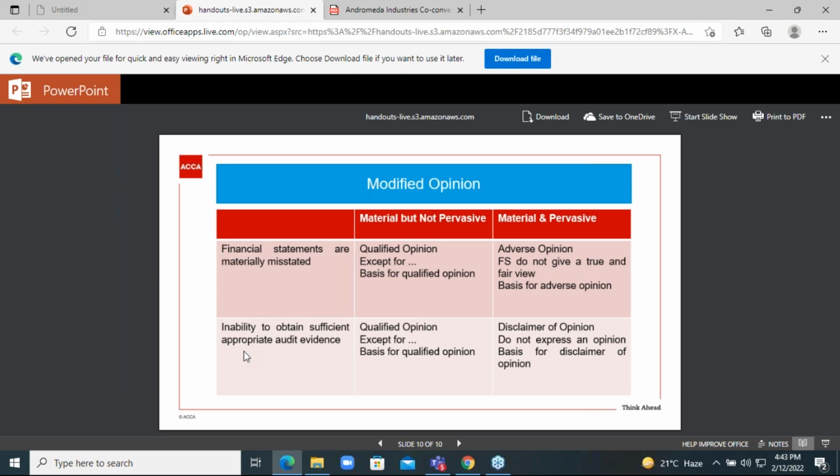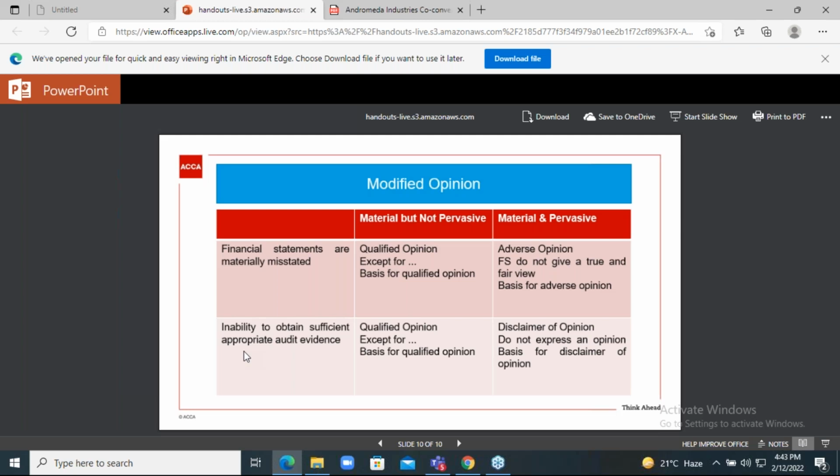So if management has imposed restriction on some scope or data, then we are unable to obtain sufficient and appropriate evidence. If they say that there was a cyber attack and all of the data has vanished, it has become useless, and due to a cyber attack everything got away, so once again there is an inability to obtain sufficient and appropriate audit evidence.